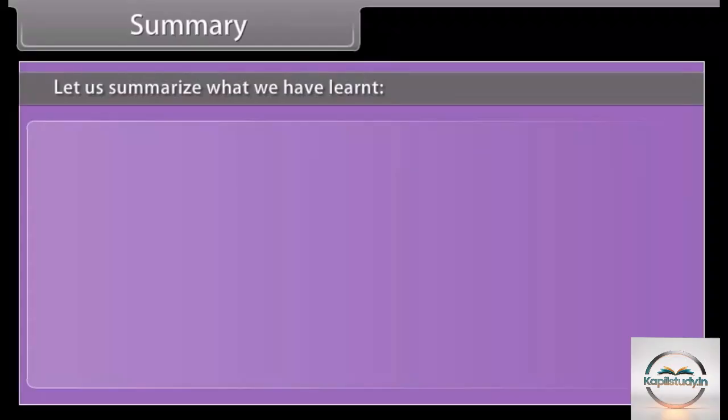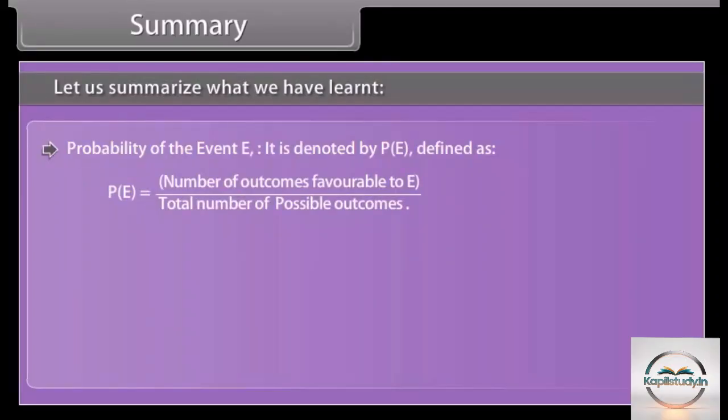Summary. Let us summarize what we have learned. Probability of the event E is denoted by P(E), defined as P(E) equals the number of outcomes favorable to E divided by the total number of possible outcomes.